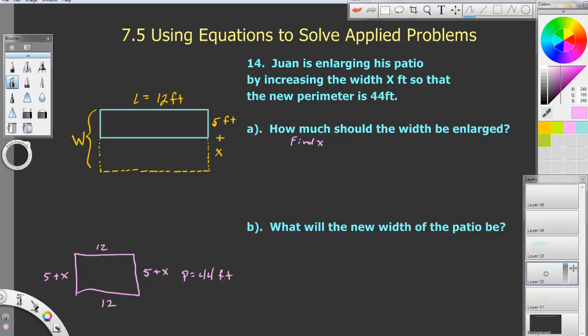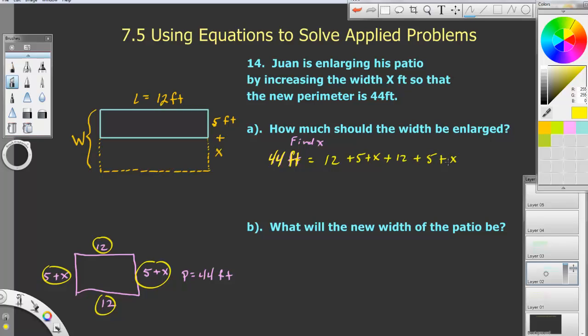So we know that the perimeter is just all of this added together. So 44 feet would equal 12, just working my way around here, 12 plus 5 plus x plus 12 plus 5 plus x.